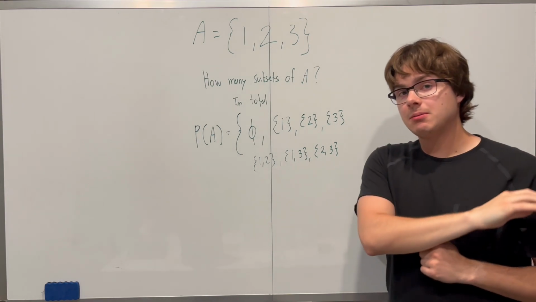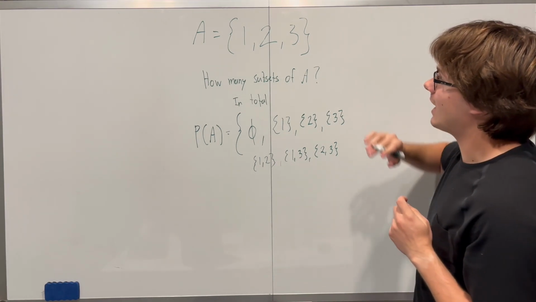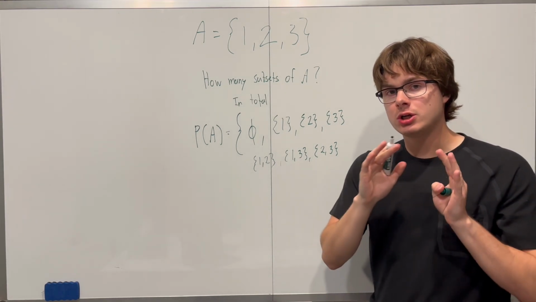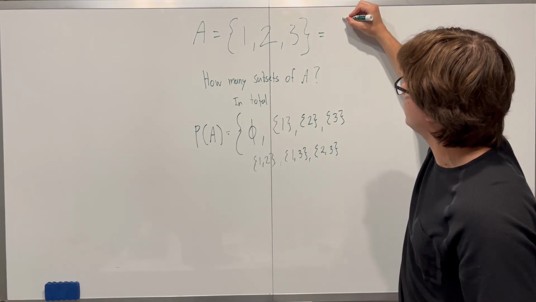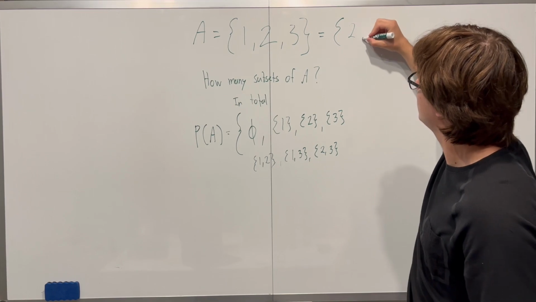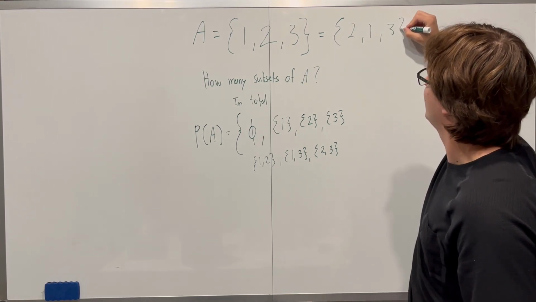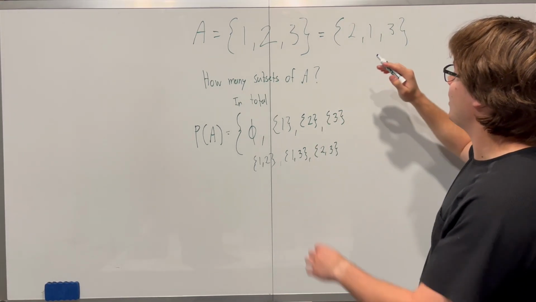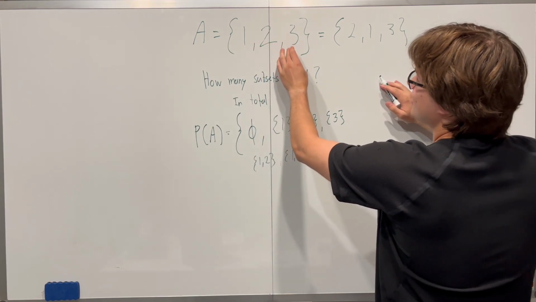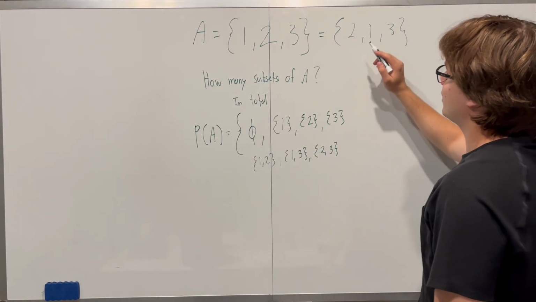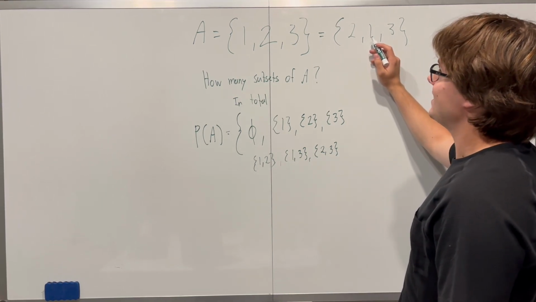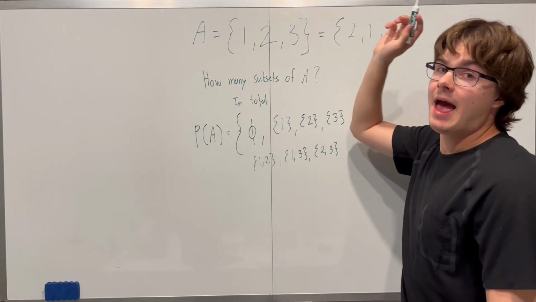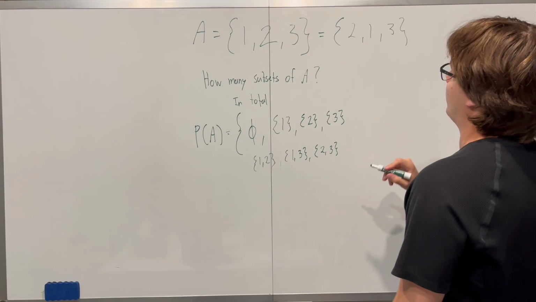Now, very important to note, when we're looking at sets, the order does not matter. A can also just be written as 2, 1, 3. It is the exact same thing. The order in which we list these elements does not matter. The elements just have to be the same, right? This set on the right contains everything on the left. Everything on the left contains everything on the right.